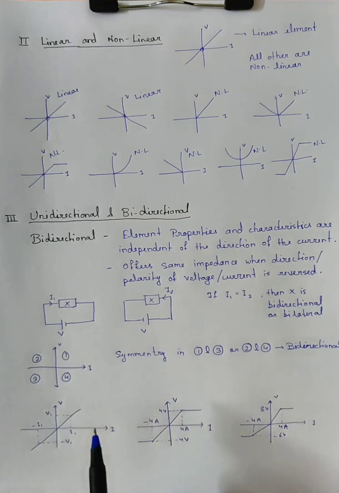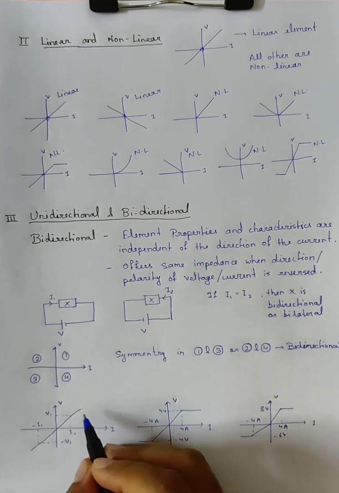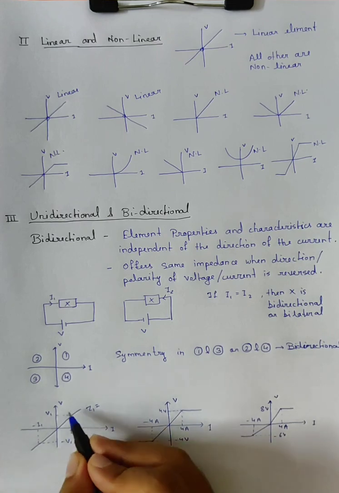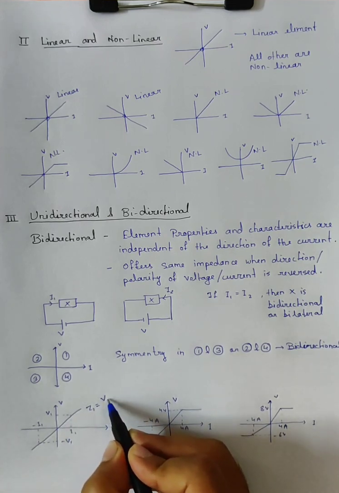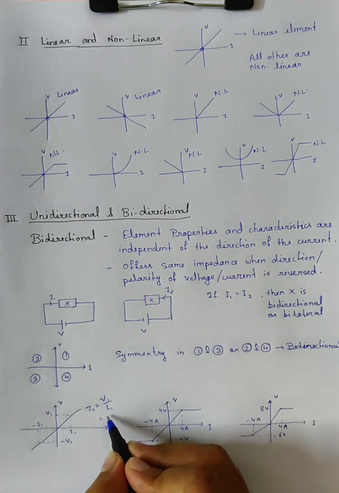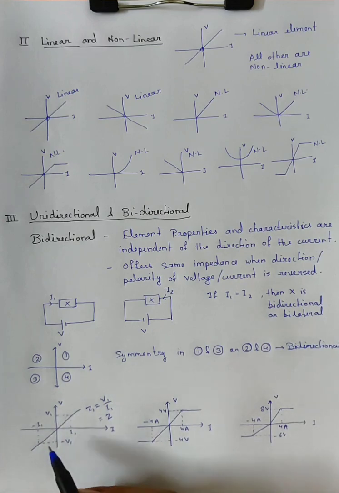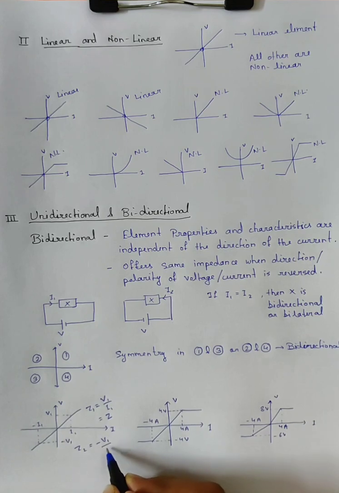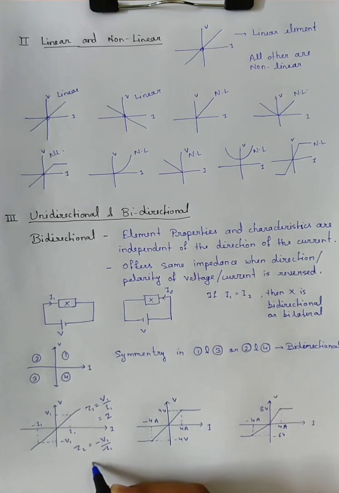It also implies that if we calculate the impedance Z1 for quadrant 1, it will be equal to V1 upon I1, which will be equal to, let's say, Z. For this quadrant, Z2 will be equal to minus V1 upon minus I1, which will be equal to V1 upon I1, that will be equal to Z. It implies Z1 is equal to Z2.